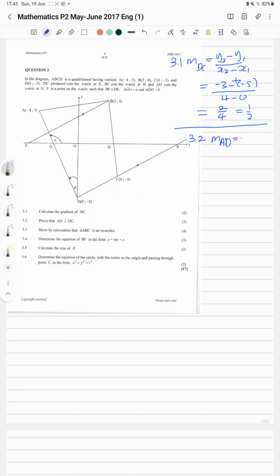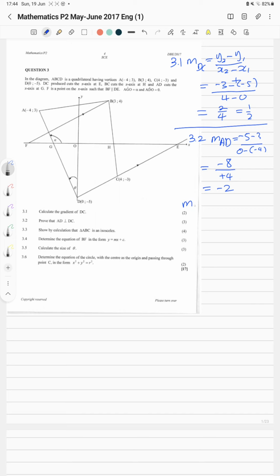We'll subtract now from D to A. So from D to A, it'll be y minus y, minus 5 minus 3 over 0 minus minus 4. That leaves you with minus 8 over plus 4, which is minus 2. Or just on the calculator from where you substituted, and you can get the answer carefully.